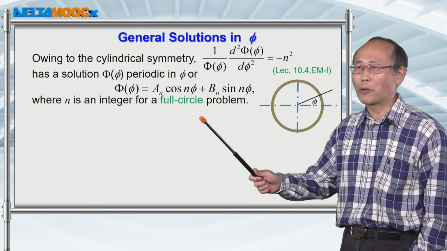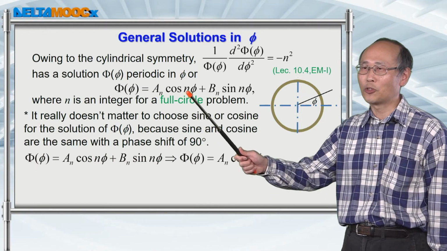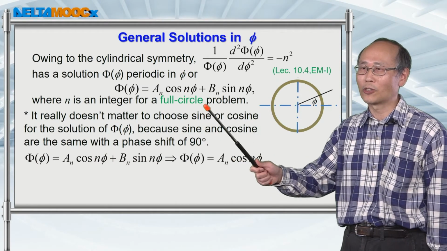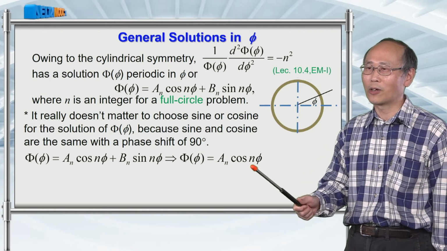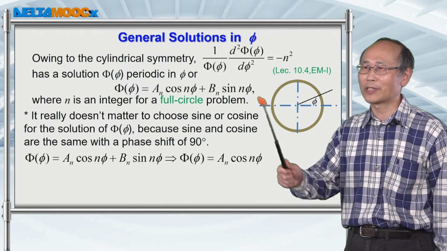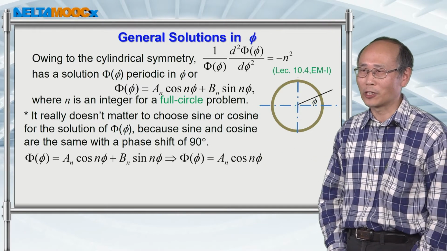But I want to point out to you that it really doesn't matter whether you write down a superposition of sine and cosine, or just write down a solution with sine or cosine, because the sine and cosine differ by a phase shift of 90 degrees.